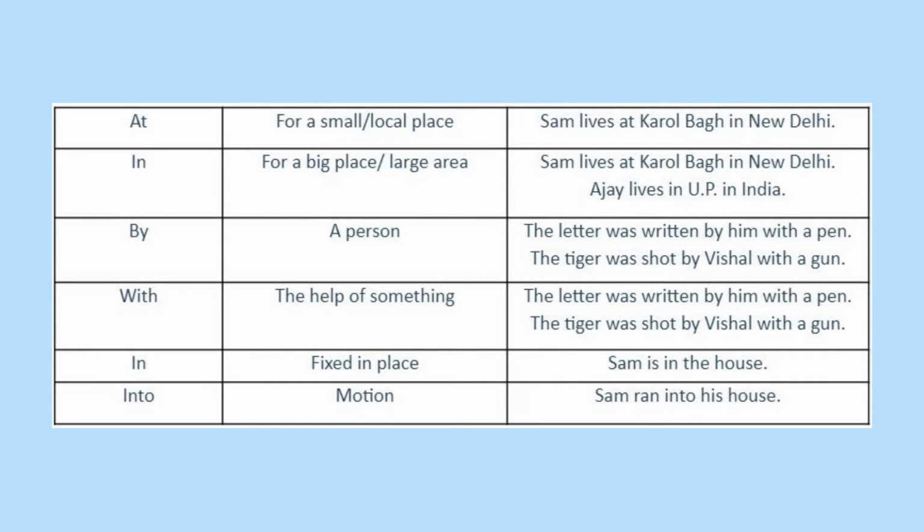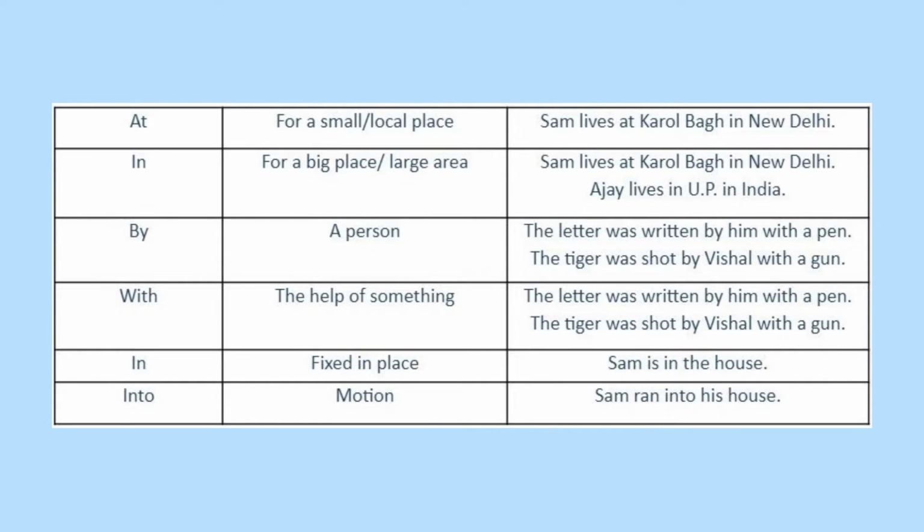Moving towards the next preposition, that is with. It is used to mention when something is done with the help of some other thing. The letter was written by him with a pen. In this sentence, a letter was written with the help of a pen.